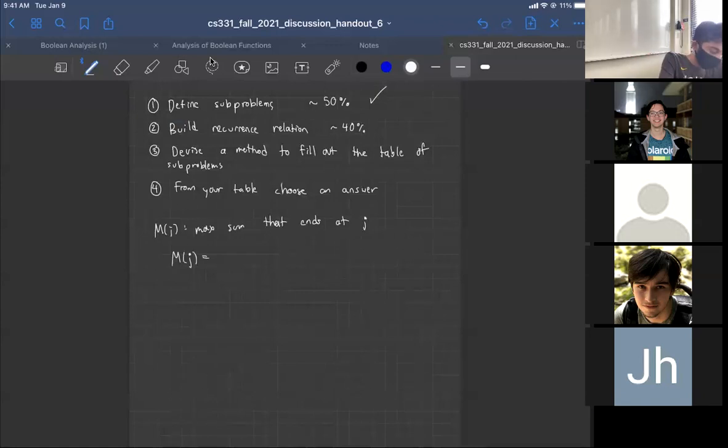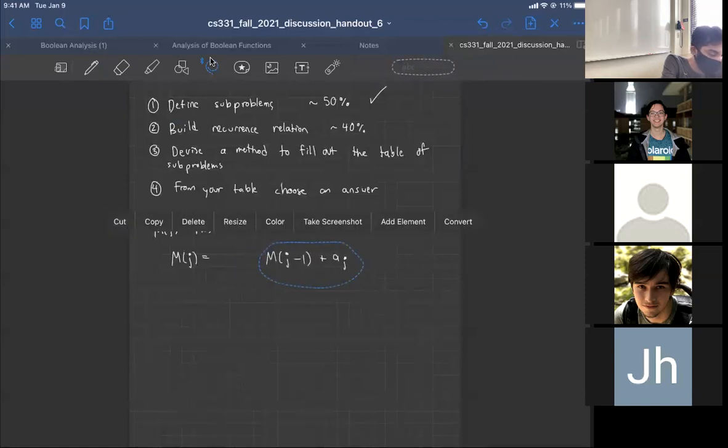So it's M of j minus 1, the solution to the subproblem, plus the jth element. Let me create some space here. We'll see why in a bit.